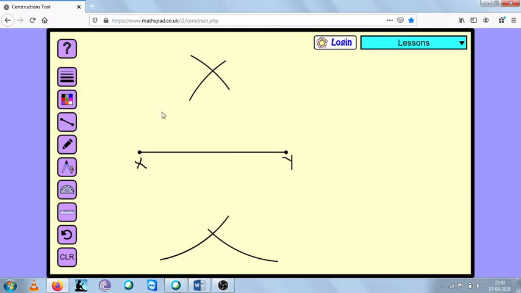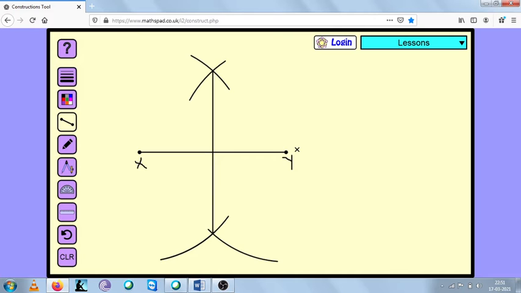Take the ruler or scale and then join the arcs. The points of intersection of the two arcs above the line segment and below the line segment are to be joined together by a straight line.